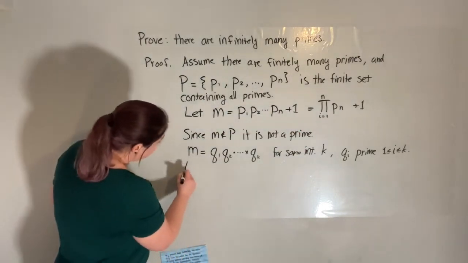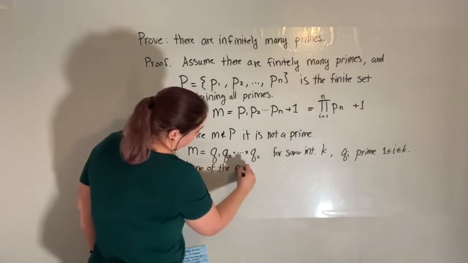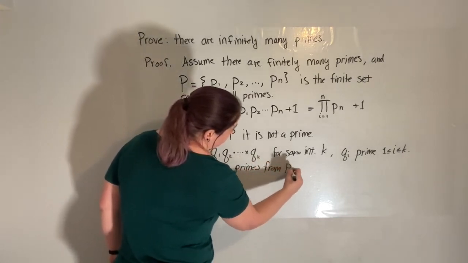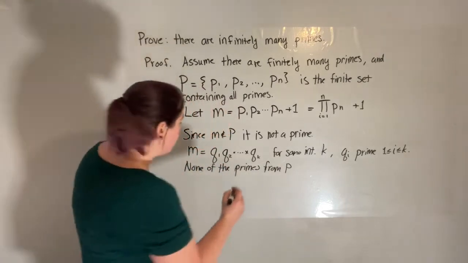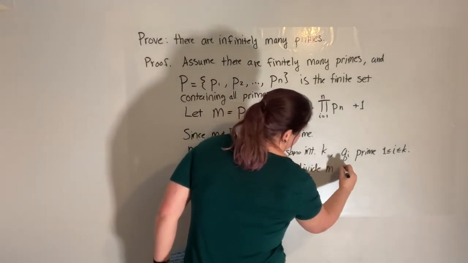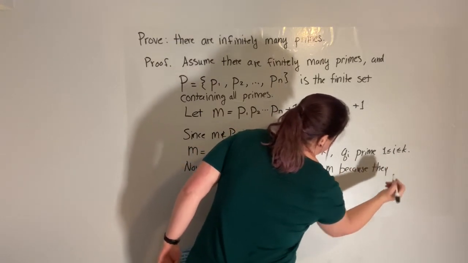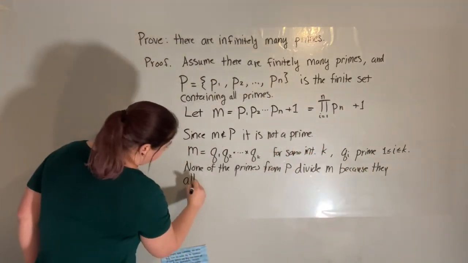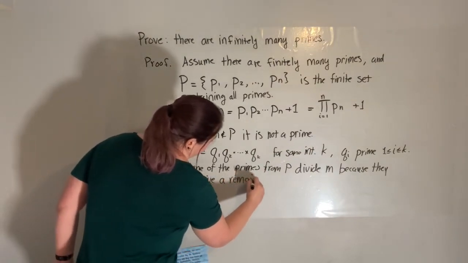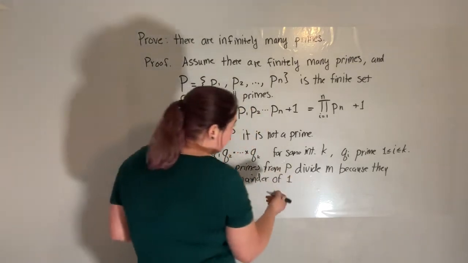So none of the primes from P, capital P, this set here, divide M, because they all give a remainder of 1 when we divide M by them.